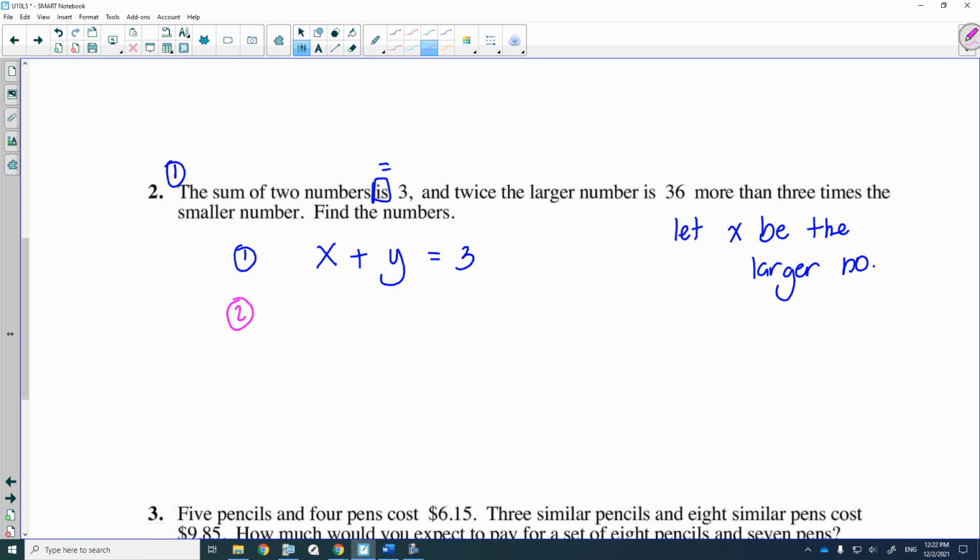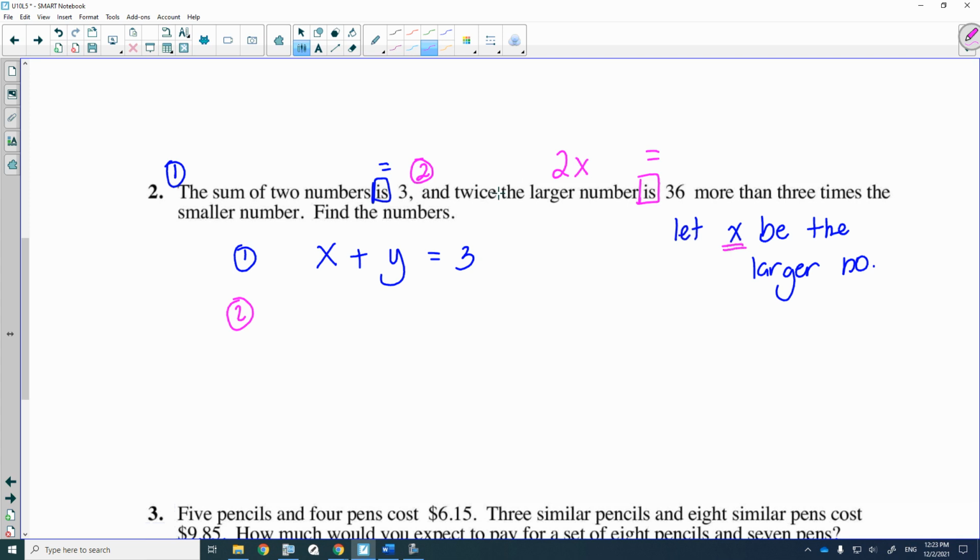Second system. Twice the larger number is, okay, so there's my equals, twice the larger number. The larger number we said was x. Twice that would be what? 2x, right?